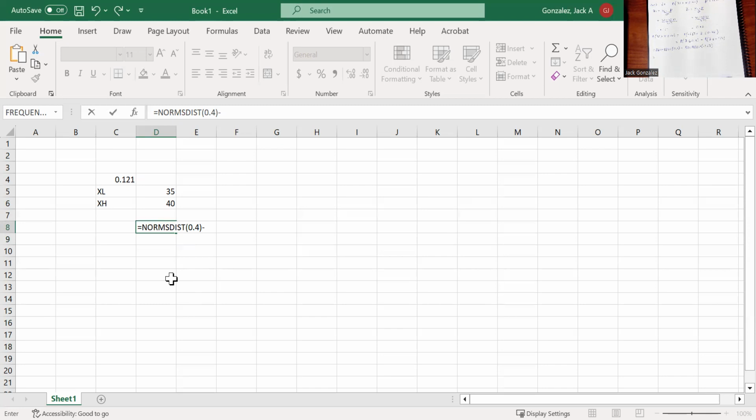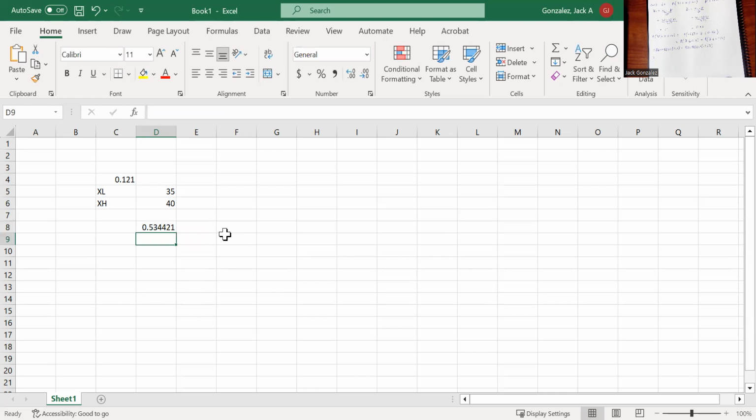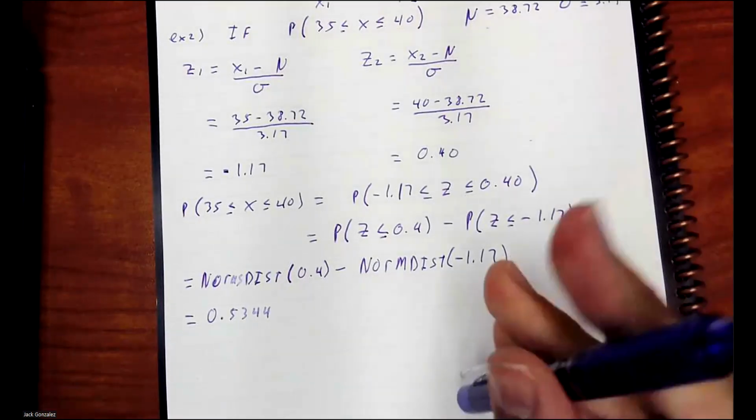Once it's standardized, you can use this. If it is not standardized, you can use the other one, but you have to put in all that info, like the X, sigma, and mean. There we go. So your answer is 0.5344. So just add an S right here.